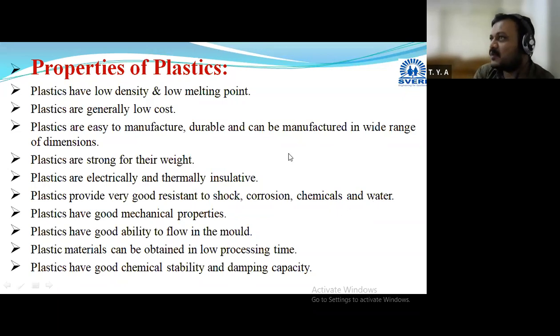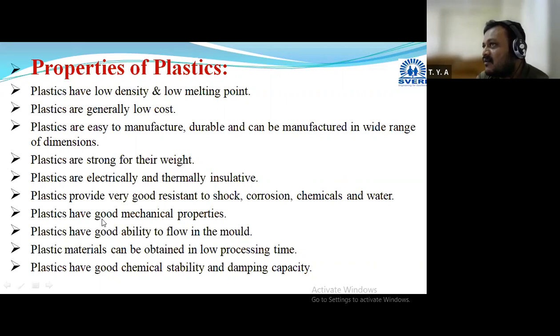If you compare plastic material, it provides better corrosion resistance as compared to metals. Shock resistance is also good. Corrosion resistance and shock resistance are very good properties of plastic material as compared to metals and their respective alloys.